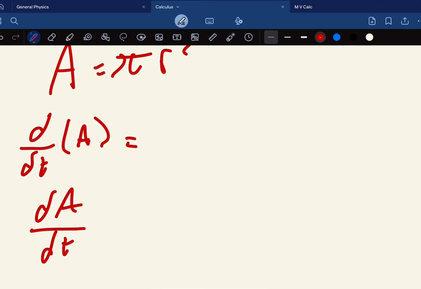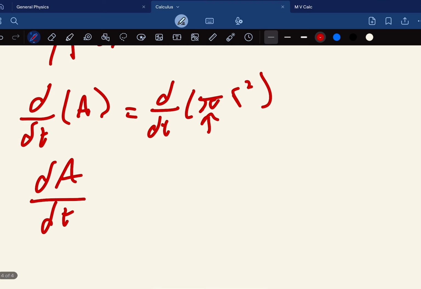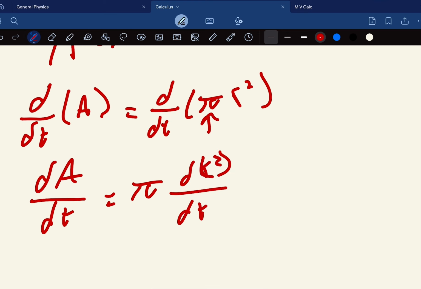Now, when we do this to the right side, we get d over dt of pi times r squared. Since this pi is a multiplicative constant, we could just take it to the outside, and we get the derivative of r squared with respect to time.